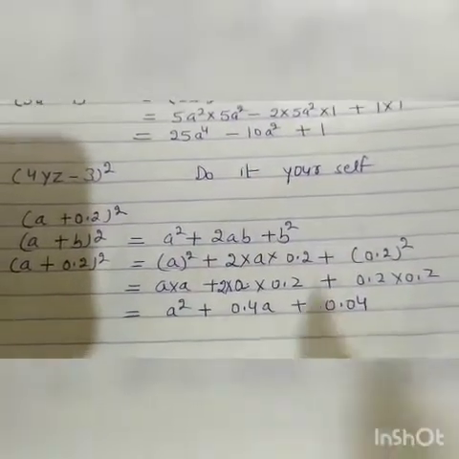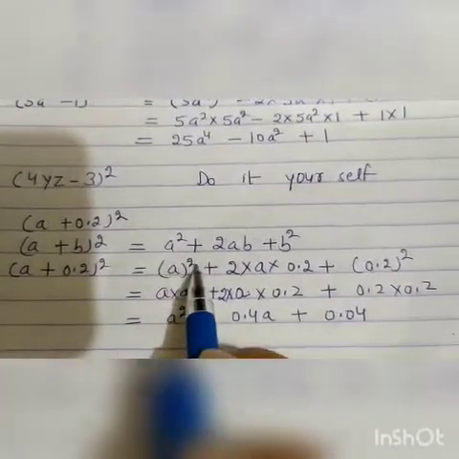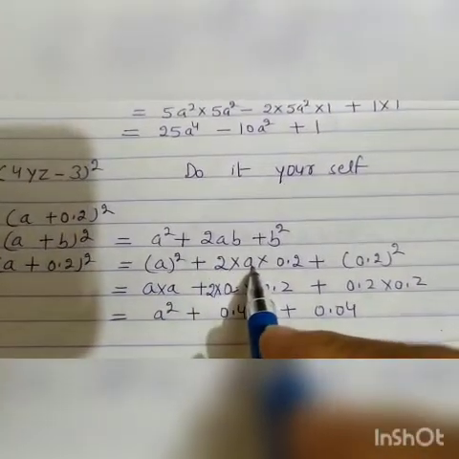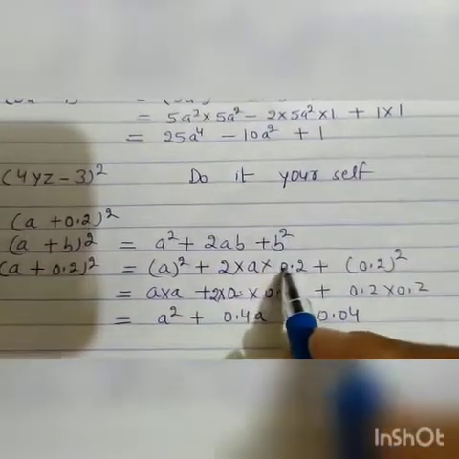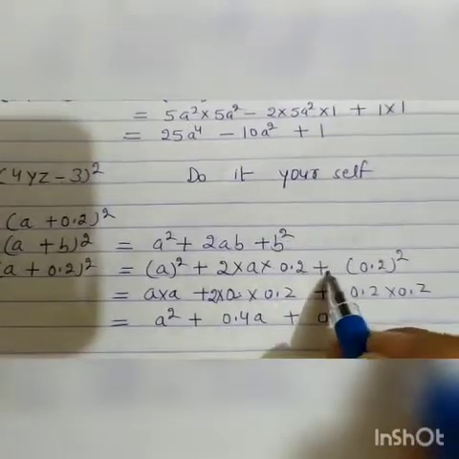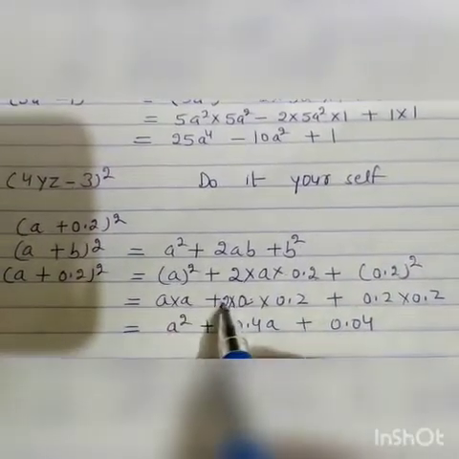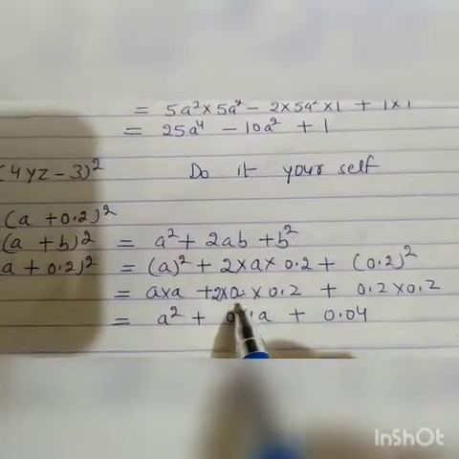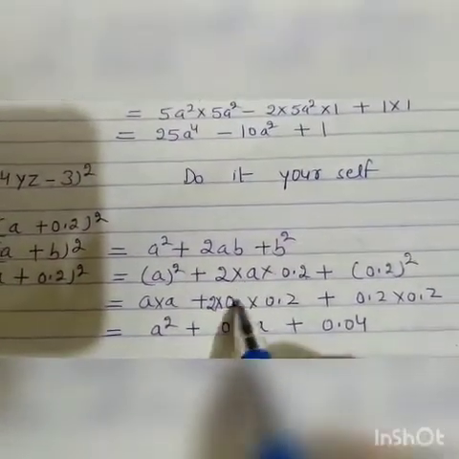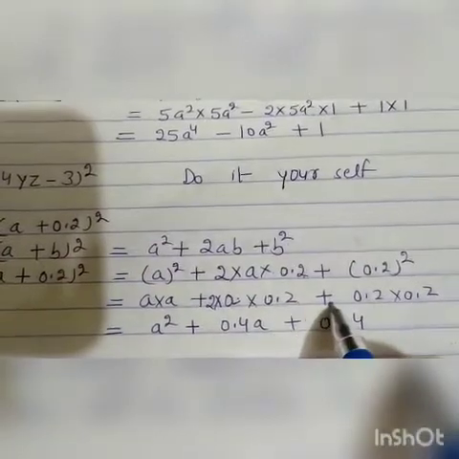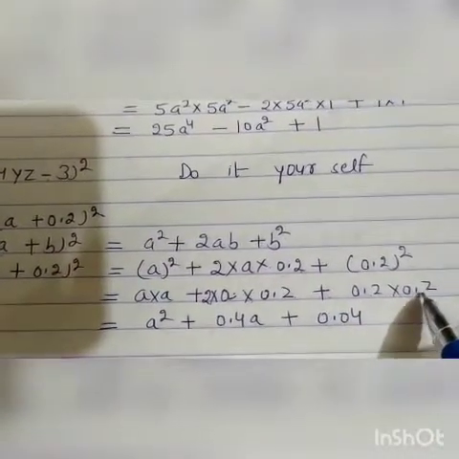So first term square will be a whole square plus 2 multiply first term a multiply second term 0.2 plus 0.2 whole square. a multiply a plus 2 multiply a multiply 0.2 plus 0.2 multiply 0.2.